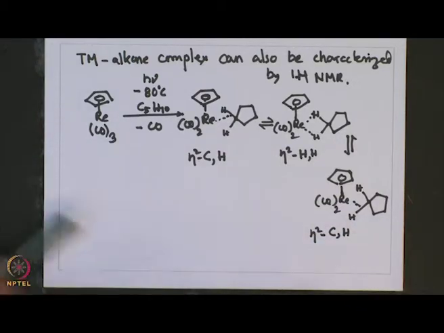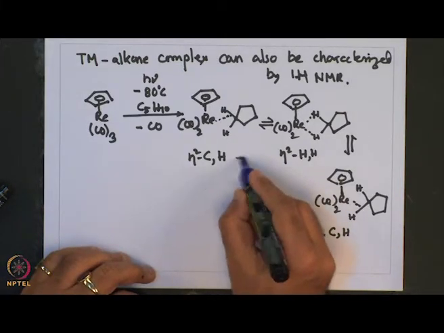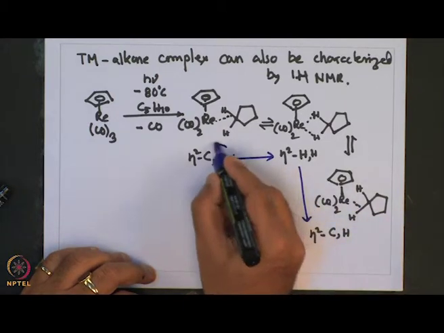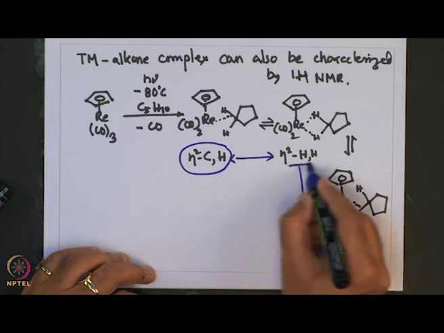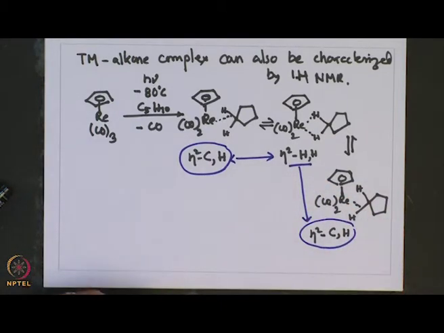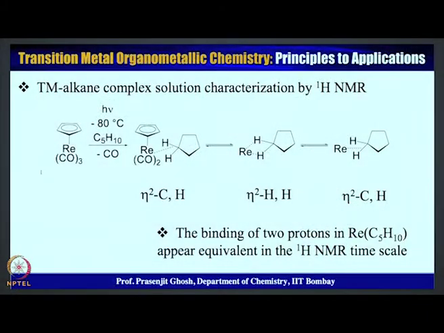So, what we see is that these alkane transition metal bonds, being very weak, undergo various exchange processes in the type of binding. It can start with eta 2 CH, end up in eta 2 HH, and then finally go back to eta 2 CH, and they would exchange so rapidly that in the NMR time scale the binding looks equivalent.